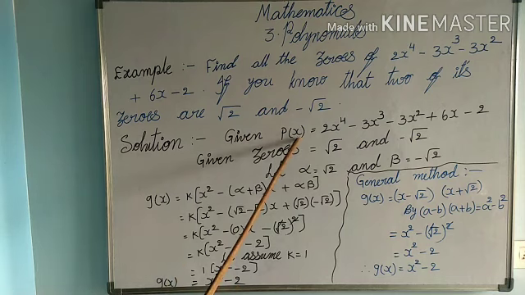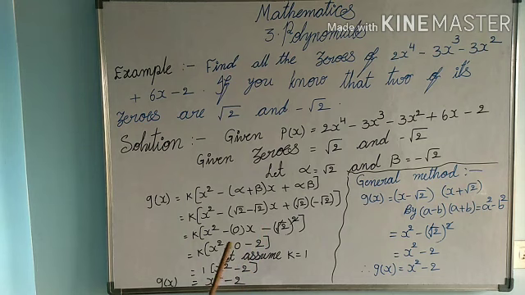P of x is a dividend and g of x is divisor. Why only p of x is dividend and g of x is divisor? Because always it depends on degree. Which polynomial degree is more, that we select as dividend.